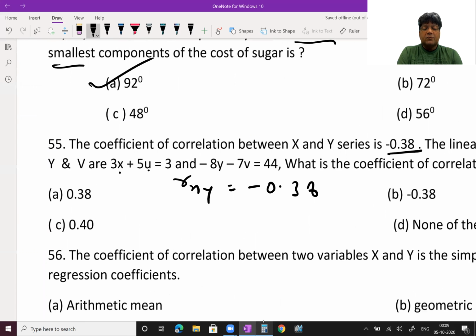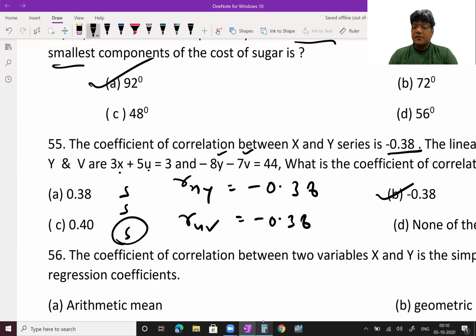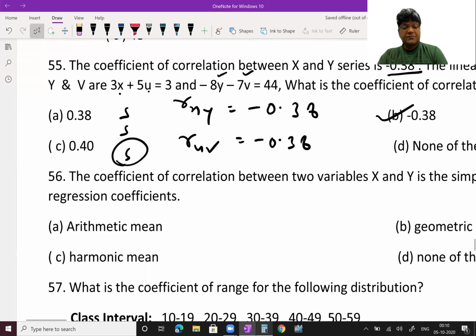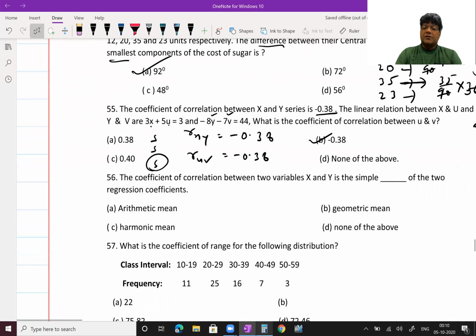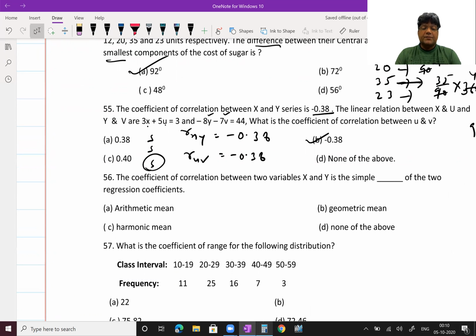X and u have the same sign, and here a and b also have the same sign, so your answer will remain the same. Same means minus 0.38 will be the value of r uv. I will go to the original later, it will take some 2 to 3 minutes.